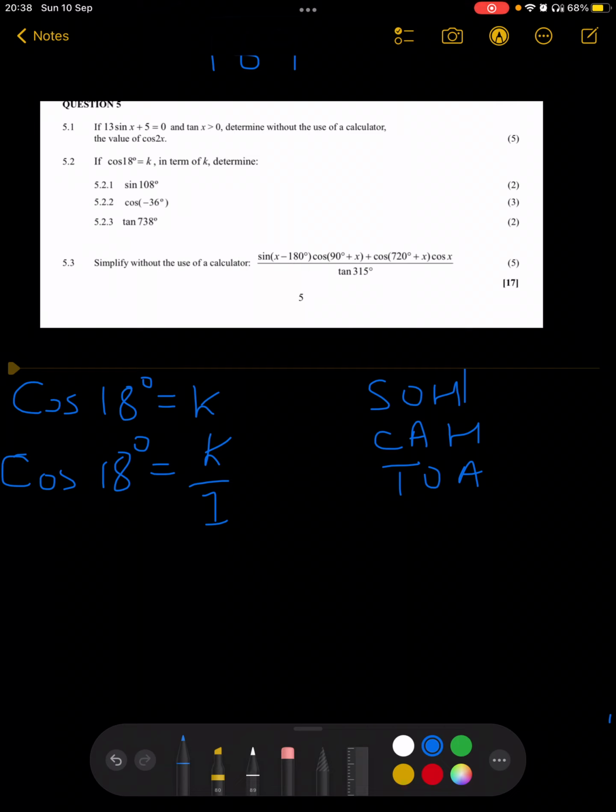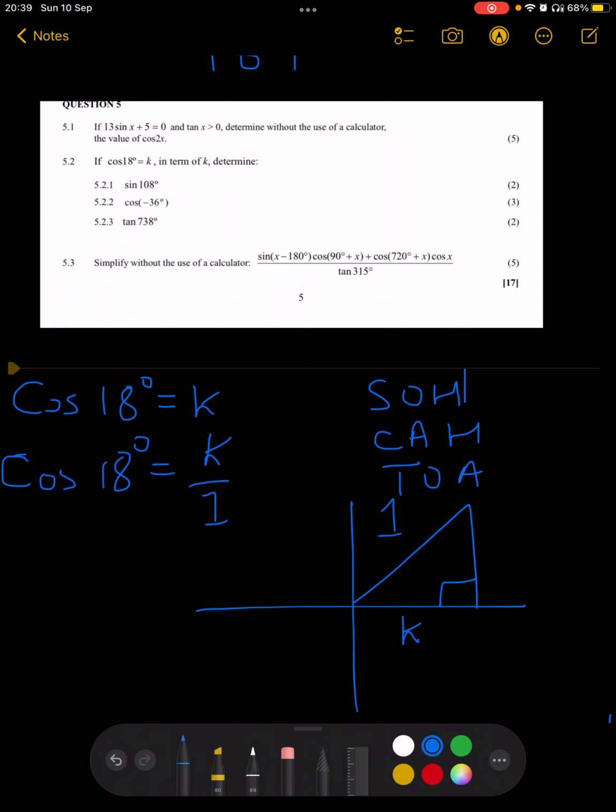They say in terms of k, and they didn't give us any specifics about where cos is positive, so we're just going to go with the ordinary right-angle triangle in the first quadrant, with the adjacent side being k and the hypotenuse being 1.